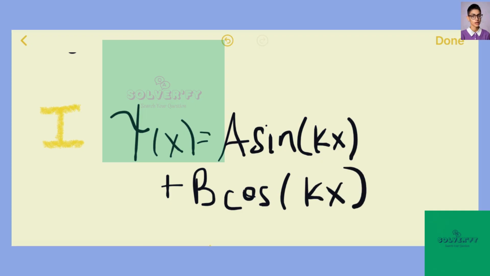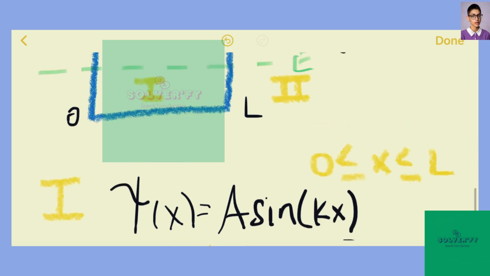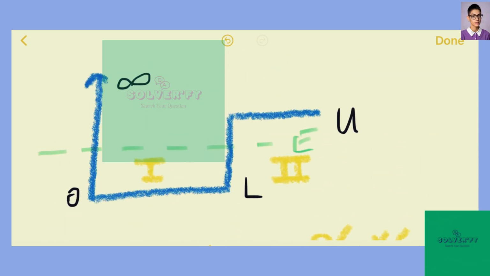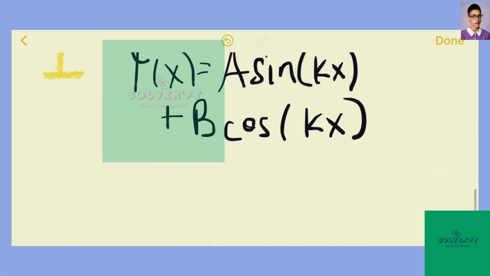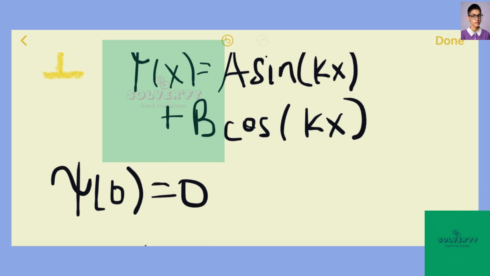And this is for x between 0 and L. So at x equals 0, there is an infinite wall. This requires that psi at 0 needs to equal 0. Therefore, B is equal to 0.